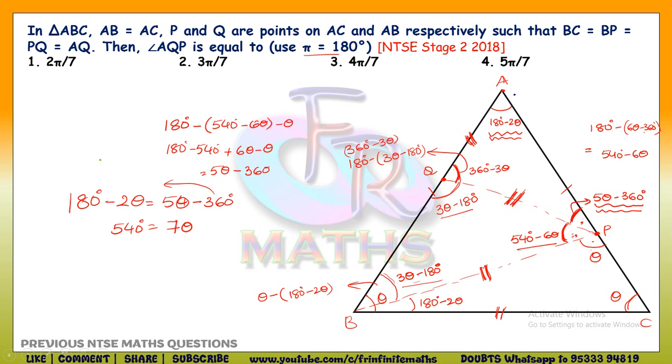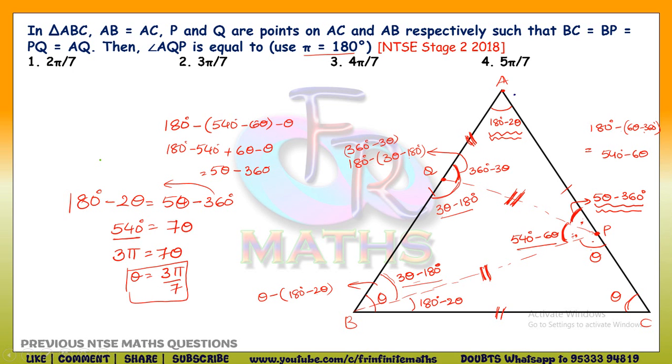Here in the question it is given that pi is equal to 180 degrees. So 540 degrees means 3 times 180, so I can write it as 3 pi is equal to 7 theta. So from this theta is equal to 3 pi by 7. The value of theta is 3 pi by 7.